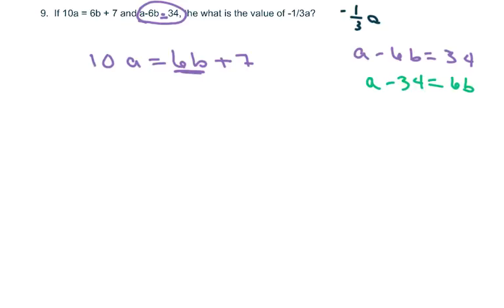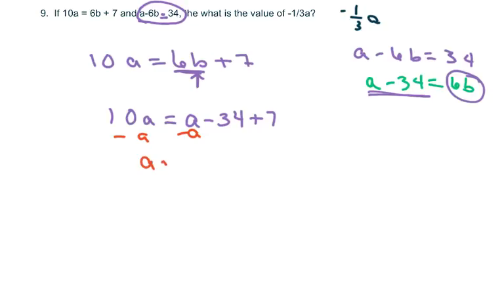All right. Now that I know what 6b equals, I'm going to substitute that into my b. So I get 10a equals 6b, which is a minus 34 plus 7. Now I'm going to subtract a from both sides.